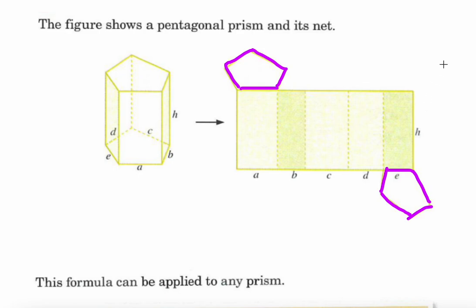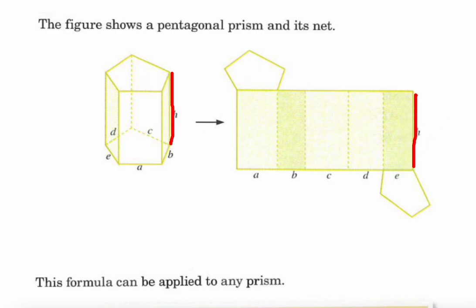Okay? And then now here's where it gets a little tricky when you think about the dimensions of this rectangle. So I'm going to use some color coding here. The height of the prism is going to be the height of this rectangle. Okay? And then you also have this side, side A of the pentagon.